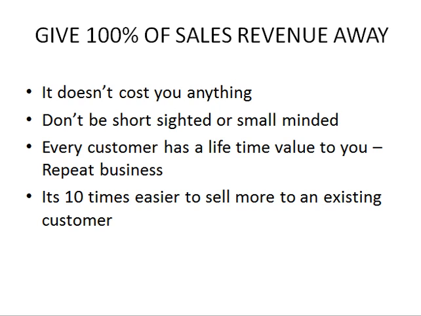Not every one of them are going to buy a higher priced item, I'm not saying they are, but you will know, and you should be able to work out how much each customer is worth to you.